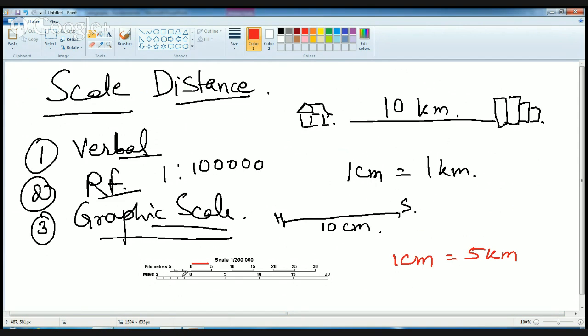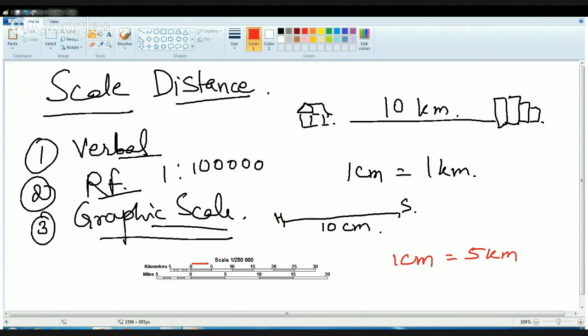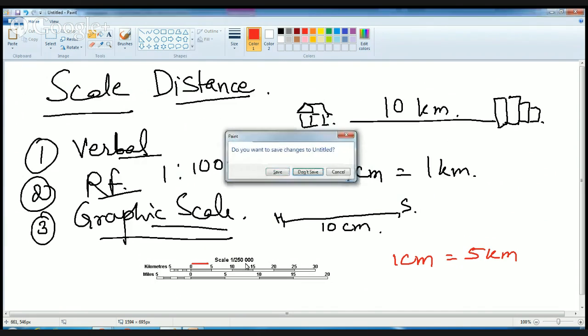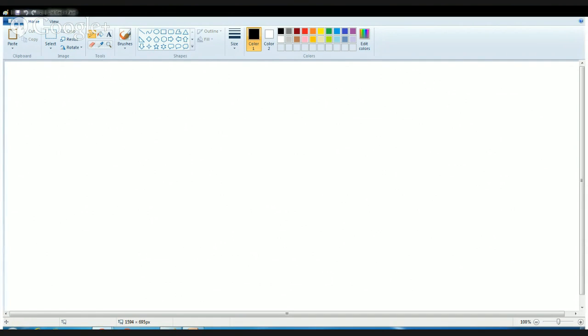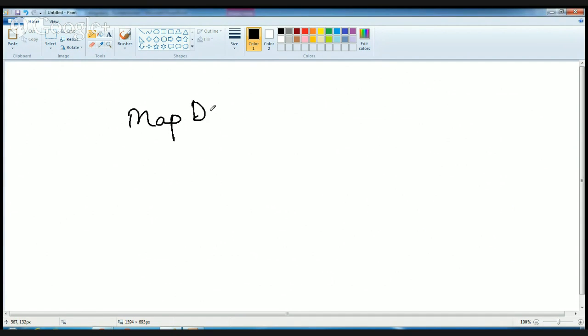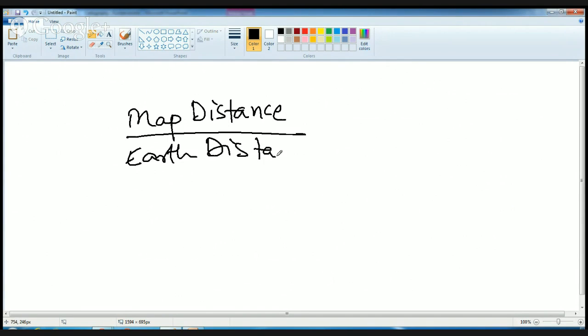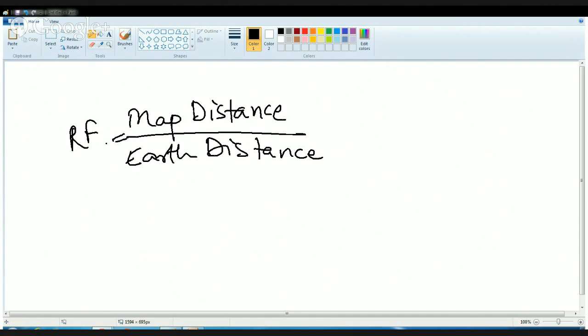So this is what we can understand from this scale, and therefore the scale is 1 is to 2,50,000. So whenever we try to calculate map scale, what we do is divide map distance by earth distance or the ground distance. That is known as RF, representative fraction.